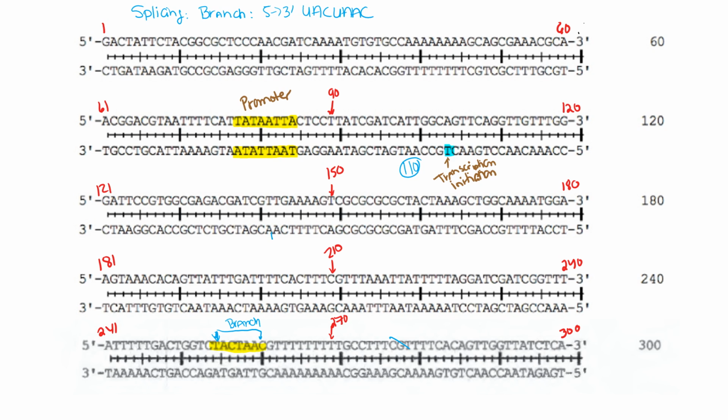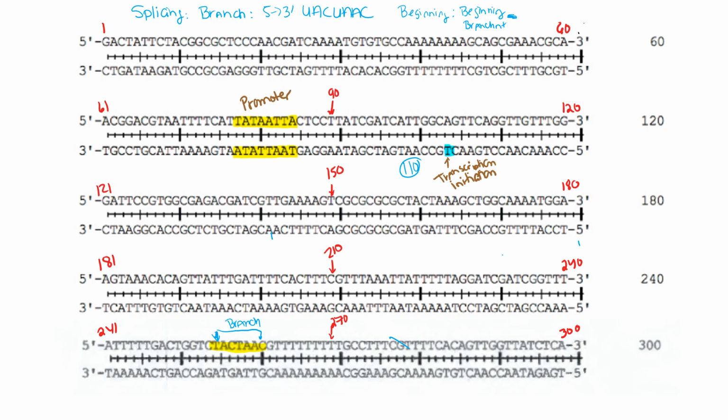Now, we want to find the beginning of the intron and the end of the intron. How do you do that? To find the beginning, we take the beginning of the branch nucleotide number and subtract a designated amount.